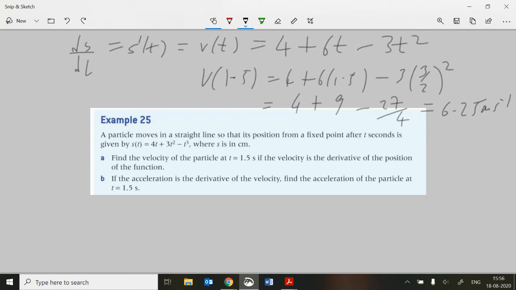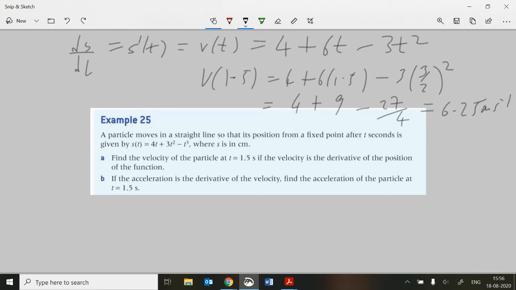Okay, so that's v, and if the acceleration is the derivative of the velocity, acceleration is the rate of change of your velocity. So an acceleration of 1 meter per second squared means that our velocity is increasing by 1 meter per second every second.